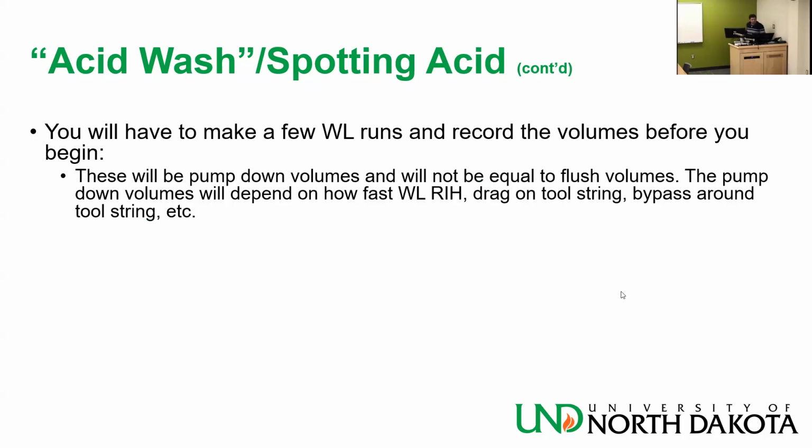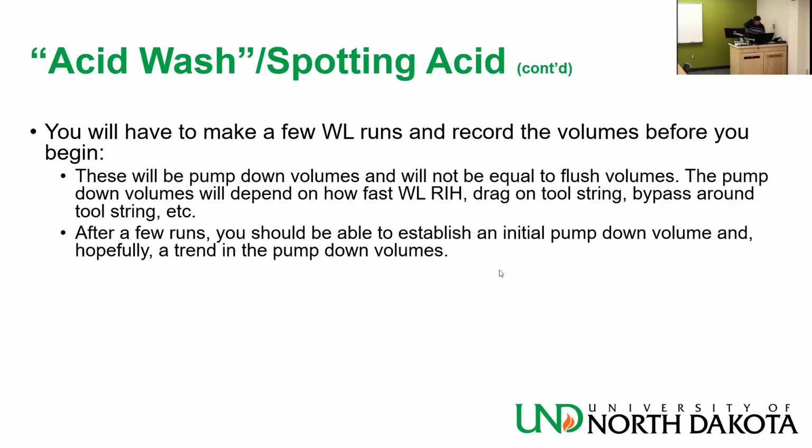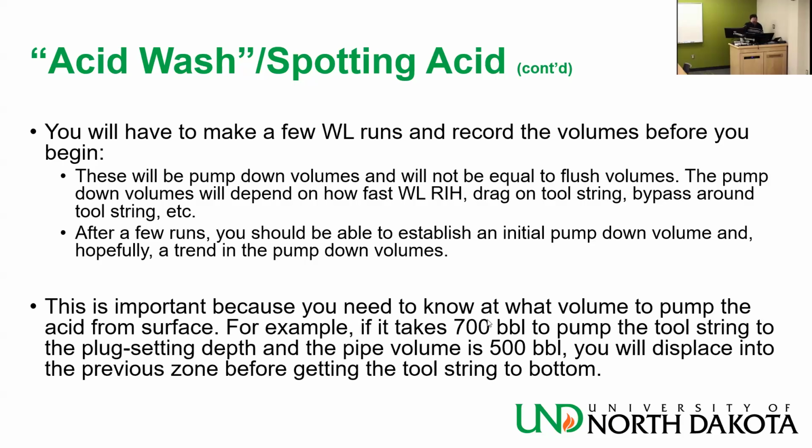These will be pumped down volumes and will not be equal to the flush volume. The pump down volume will depend on how fast wireline is running in hole, drag on the tool string, bypass around the tool string, etc. After a few runs, you should be able to establish an initial pump down volume and hopefully a trend in the pump down volumes. We'll see how those work.